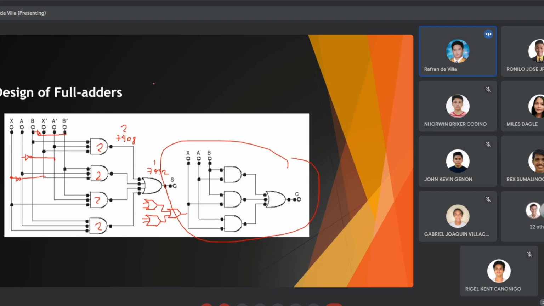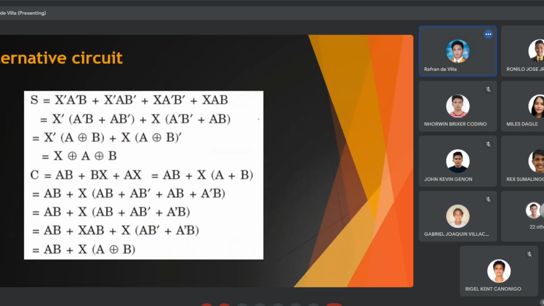Or better yet, this is what is usually done when drawing: something like this, so you just tap into X or X complement. But either way, it still uses a lot of connections. So let's redo the solution.